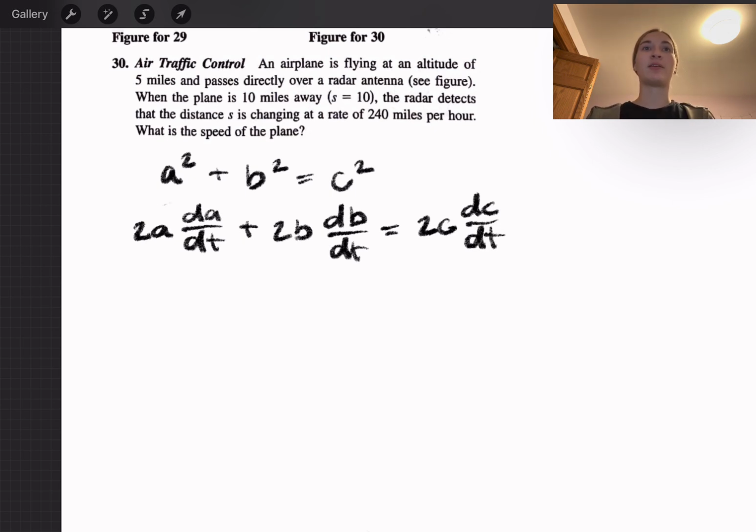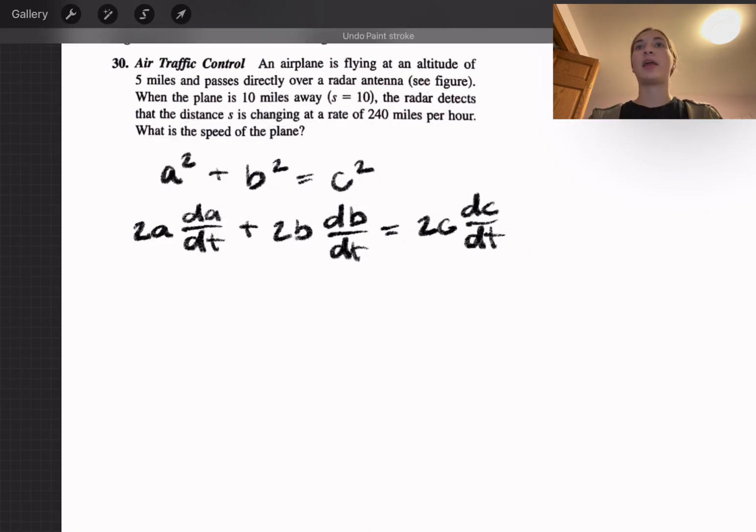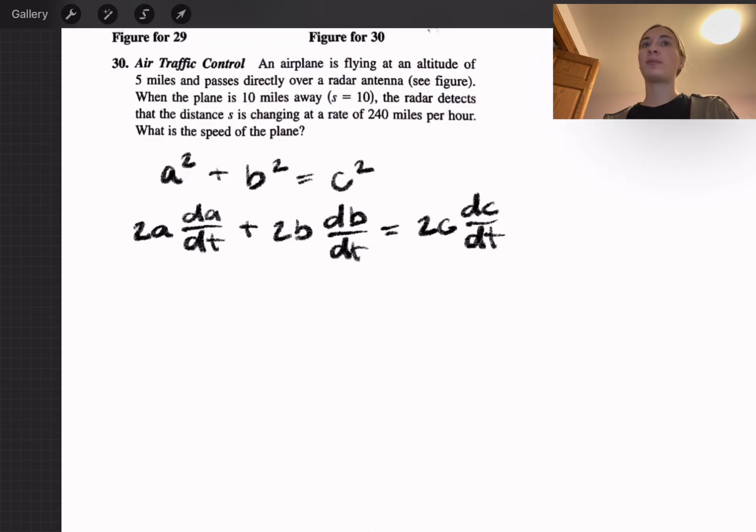A is 5, as it's 5 miles in altitude. dA dt is 0, since this value will not change. The plane is going to be 5 miles above the ground the entire time. And then b and dB dt we have to find. C is 10, as that's the length of the hypotenuse, and dC dt is 240 miles per hour, as given in the problem.